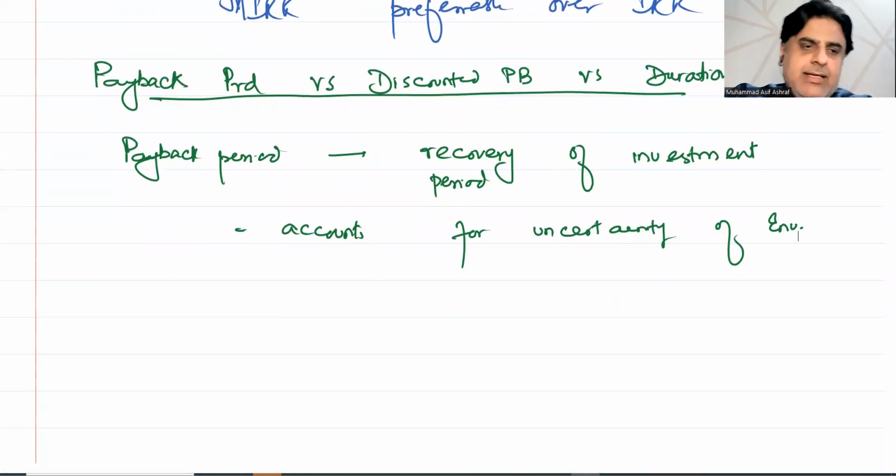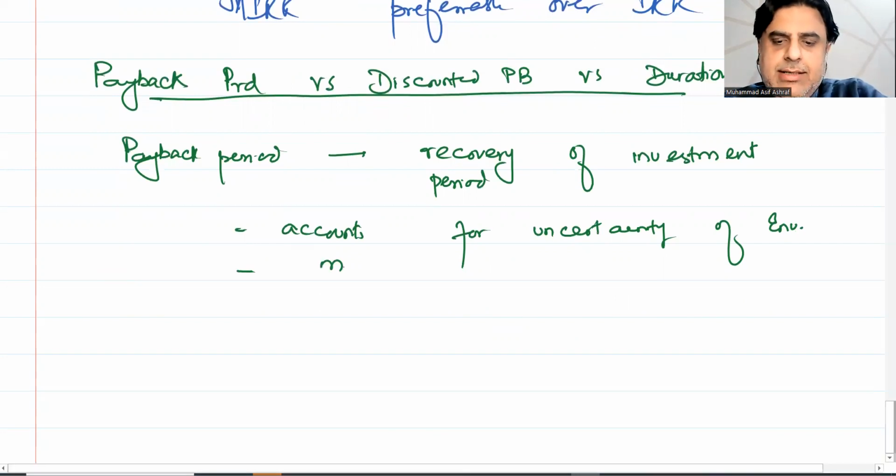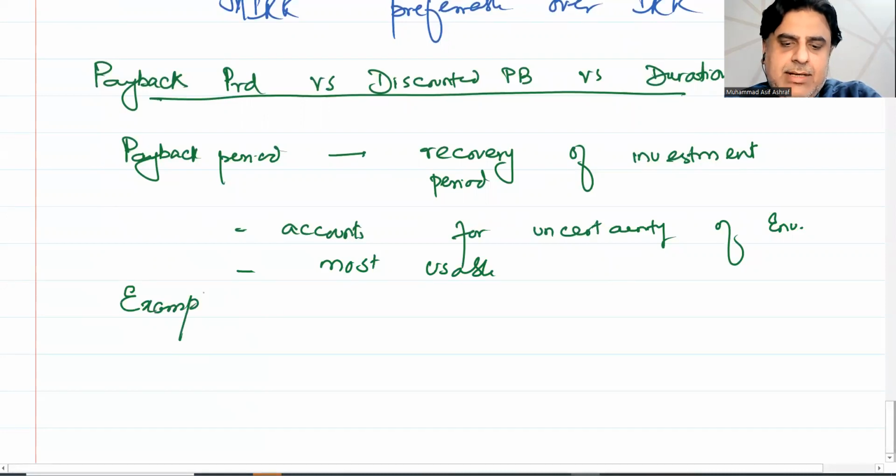And it is, you can say, the most usable technique amongst all investment appraisal techniques, because it is simple to apply. For example, if you take the same example, in year 0, you invested 20,000.